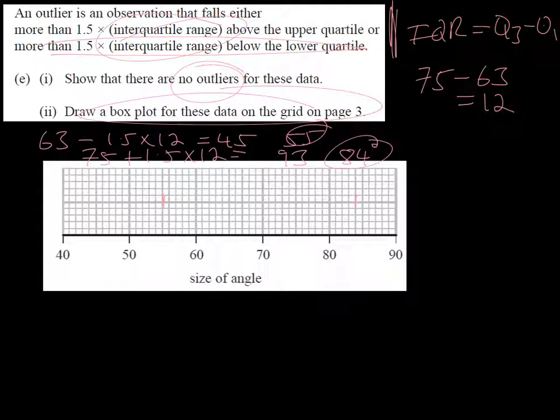The median we have already established was 68.5, which is going to be here somewhere. And then we just need the lower quartile, which we said was 63, and the upper quartile, which we said was 75. So we can then draw the box and the whiskers, and this is going to be our diagram.